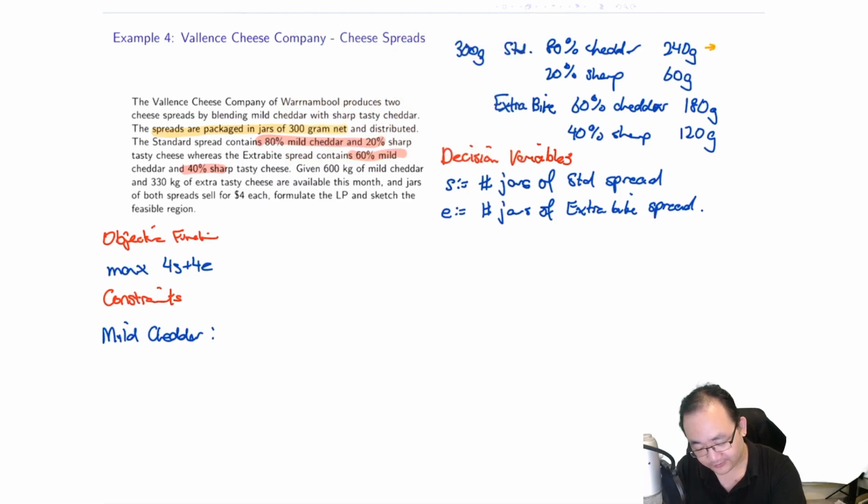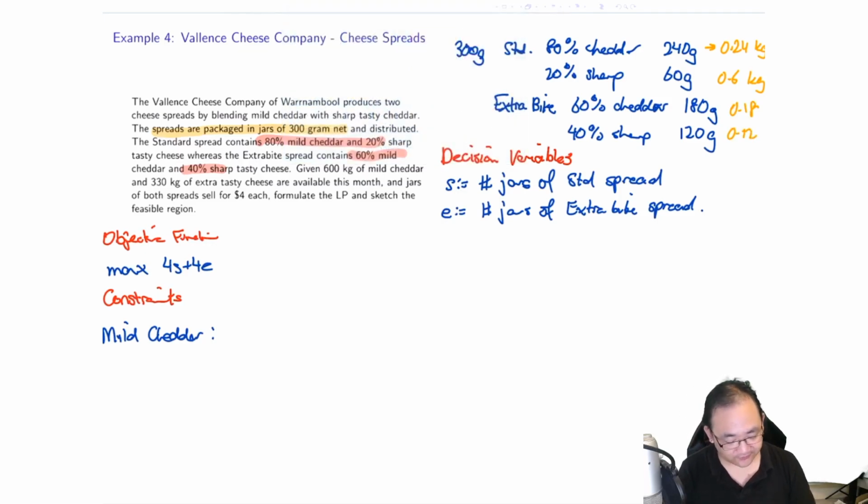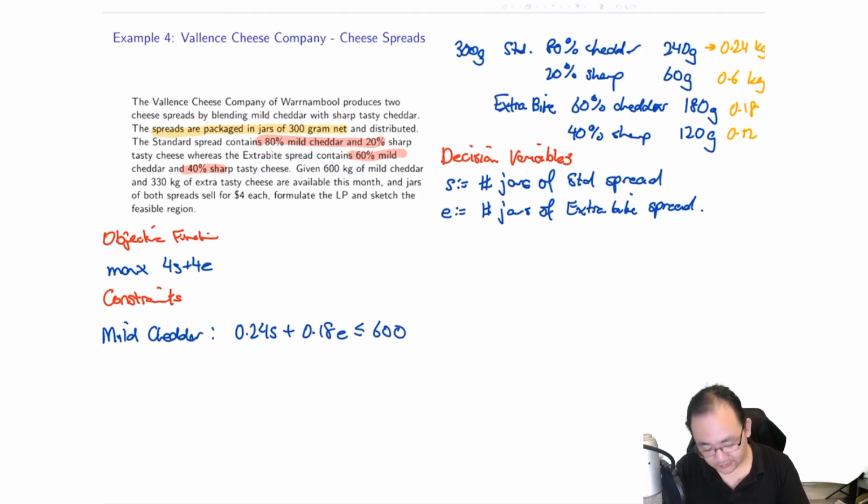So 240 grams is 0.24 kilograms. 60 grams, that's 0.06 kilograms. 180 grams, 0.18, and 120 grams, 0.12 kilograms. So that allows us to convert things pretty easily. So for the standard spread that's going to be 0.24s plus, and for the Extrabite, 0.18e. It's going to be less than or equal to 600.